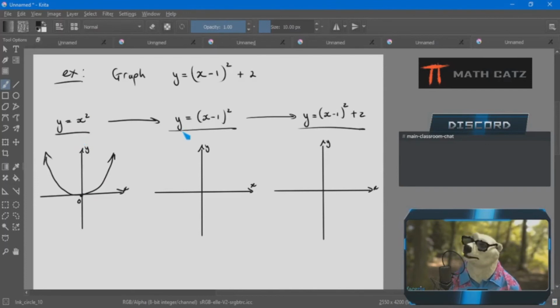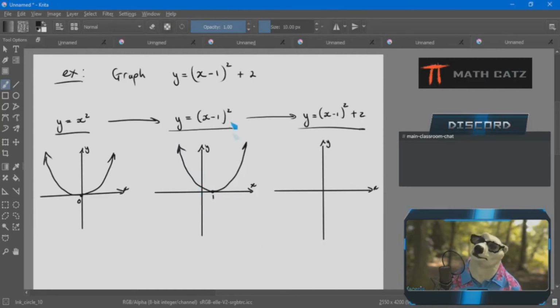The function changes first, in this case with a replacement of x by x minus 1. That means the original graph shifts to the right by 1 unit.